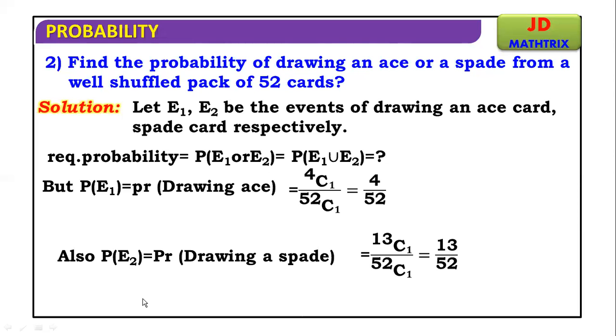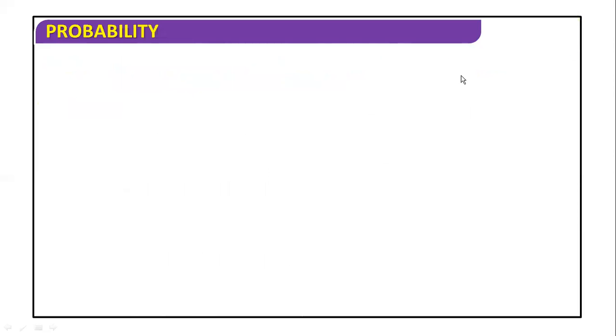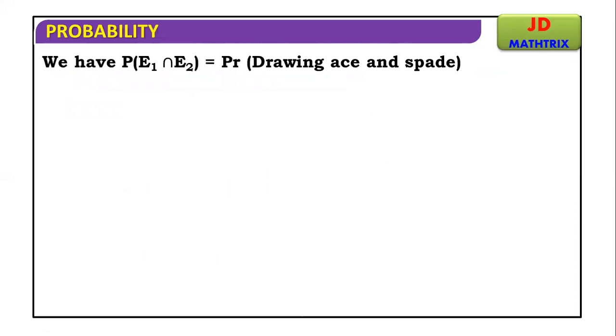Now E1 intersection E2 means when a card is drawn, it is the event of getting ace of spades, or spade ace simply. P of E1 intersection E2 is equal to probability of drawing ace and spade. We are drawing only one card and it should be the ace of spades.